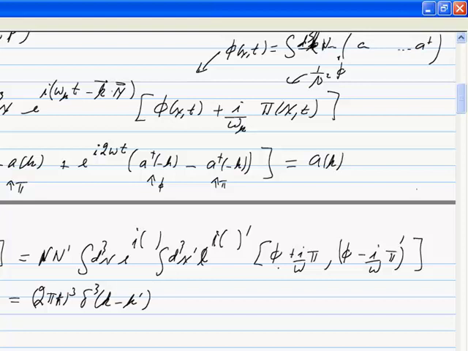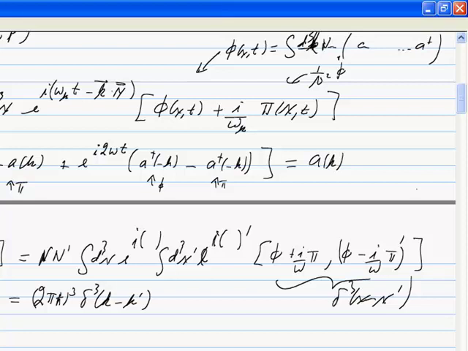So out of this comes delta 3 of x minus x prime. There's a remaining integration here, e to the i k dot x, e to the i k prime dot x, because x is x prime. That gives me the delta function, and it all works out.